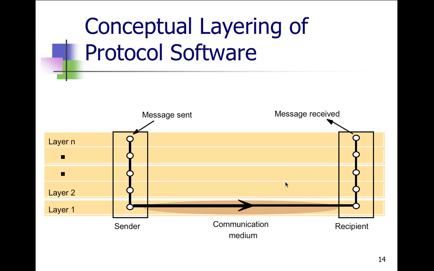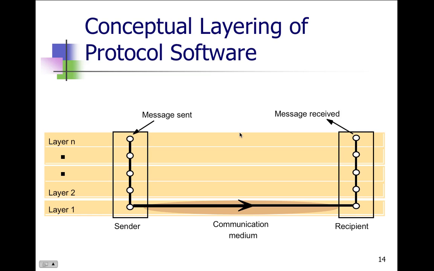I'm not going to repeat your entire networking course, but as review, it's a layered system. The message from A, the sender, goes to B, the receiver, following the communication medium, depending upon the layer and the protocol being used for each component.